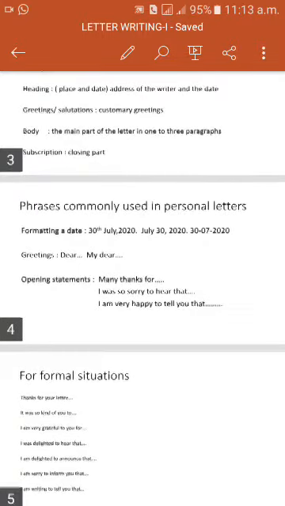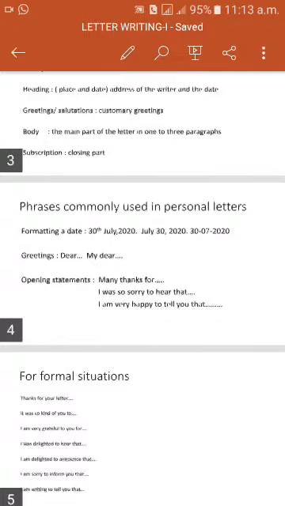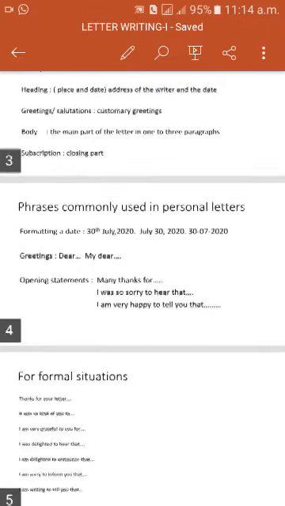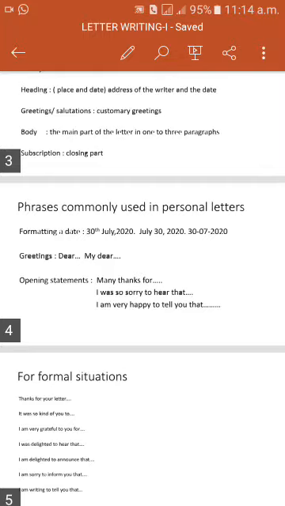So here we write subscription: yours friendly, yours lovingly, yours affectionately, yours cordially, like that, and put a signature. Then you can also write your name below the signature within brackets. These are the main points. One is heading, the second is greetings, salutation, the third is the body of the letter, the fourth is subscription or closing.